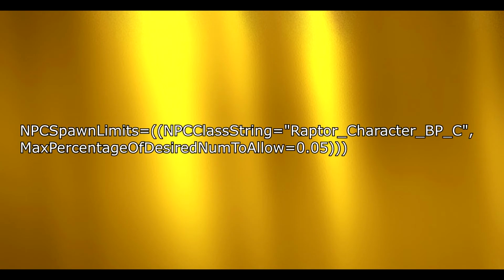For the last part of this long line of code, we have NPCSpawnLimits equals open parenthesis, NPCClassString equals open quote, close quote, comma, MaxPercentageOfDesiredNumToAllow equals, close parenthesis, close parenthesis, close parenthesis.